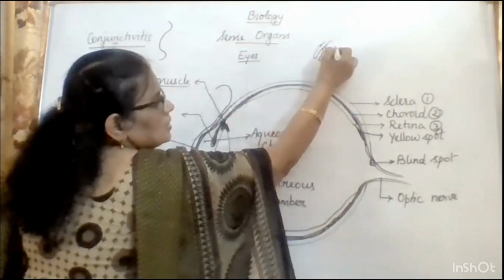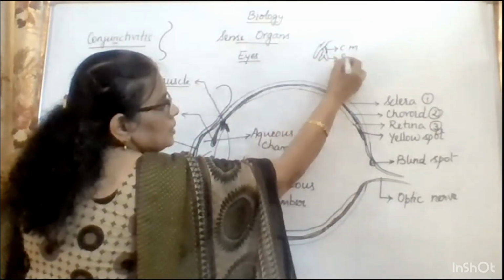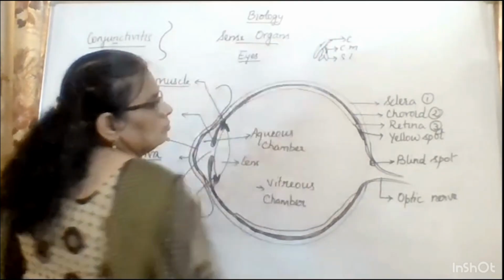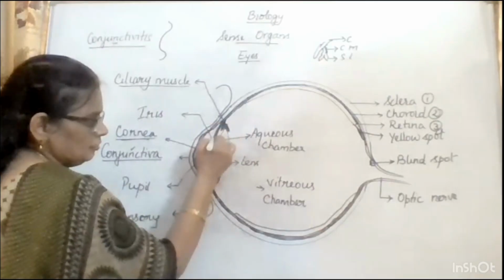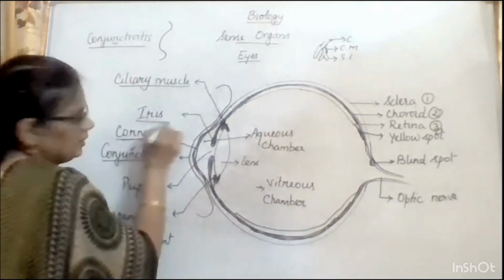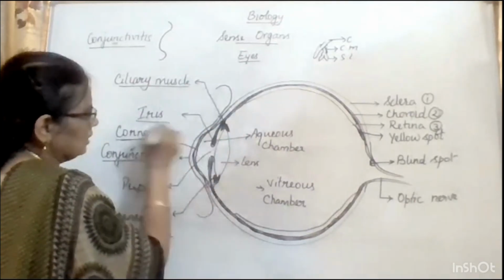So this is ciliary muscle and this is suspensory ligament, and this is choroid, of course. The choroid comes like this in the front. This is known as iris. Choroid is coming in the front like this and gets the name iris.